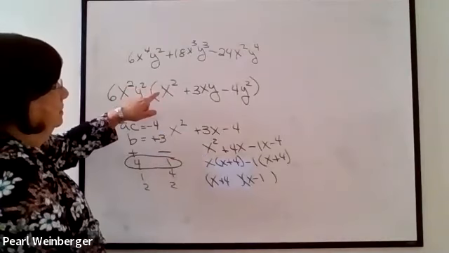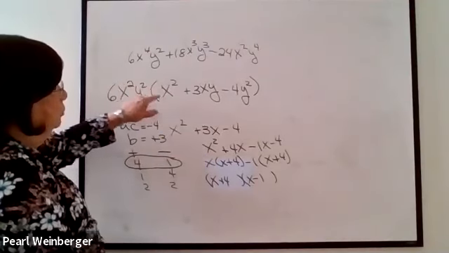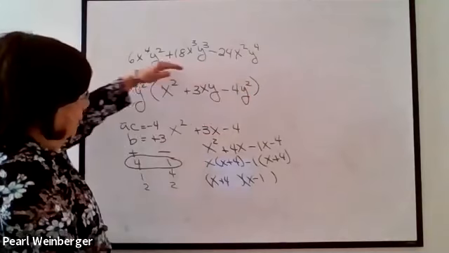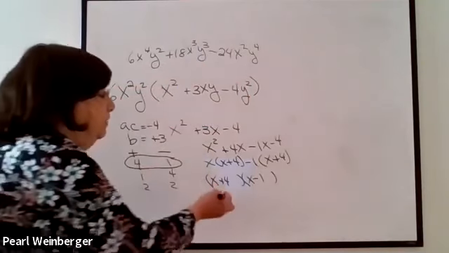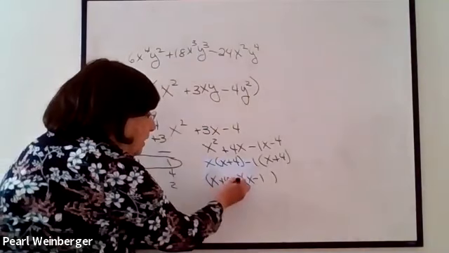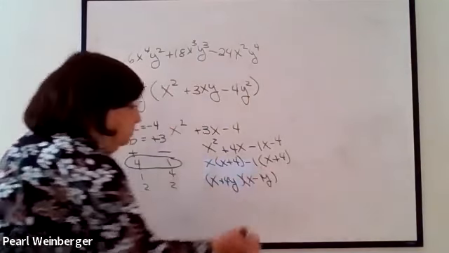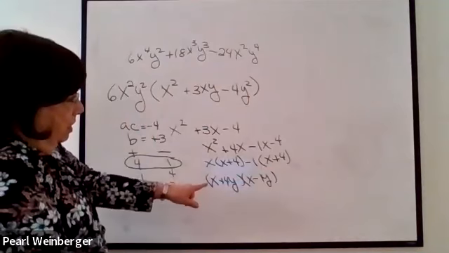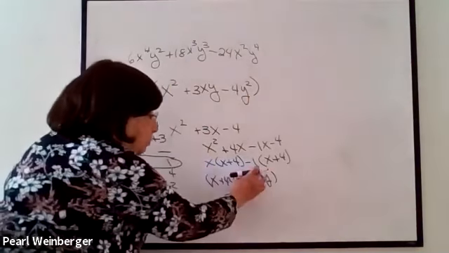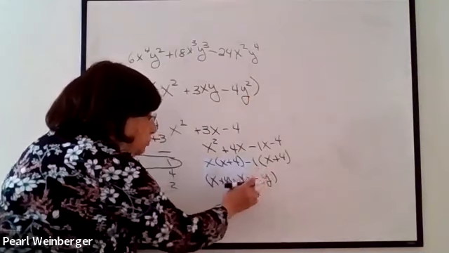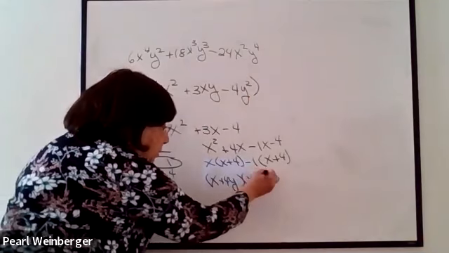Now notice I've left a space after the 4 and after the 1. Why? Because now I can go back to my original trinomial that had y's in it. All I have to do is put a y at the end of each parentheses. X plus 4y and x minus 1y, which we usually don't put the 1 in, we'll just write x minus y.